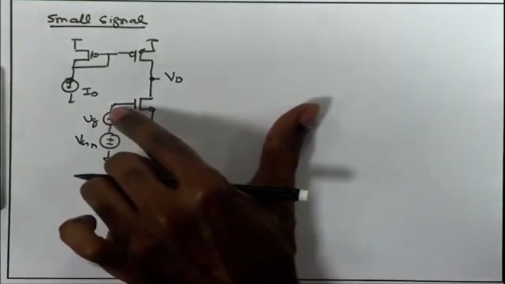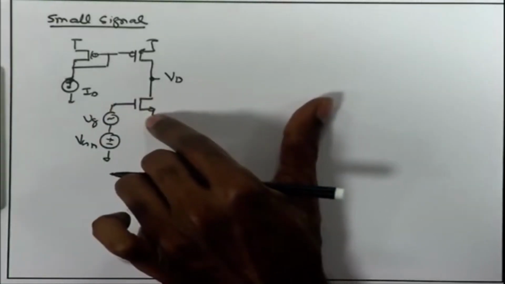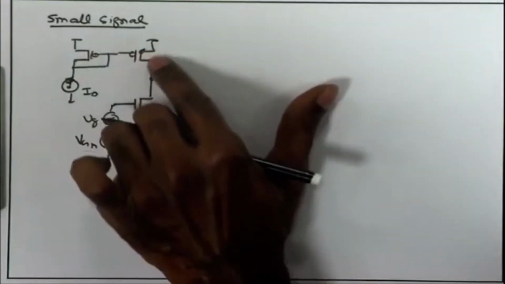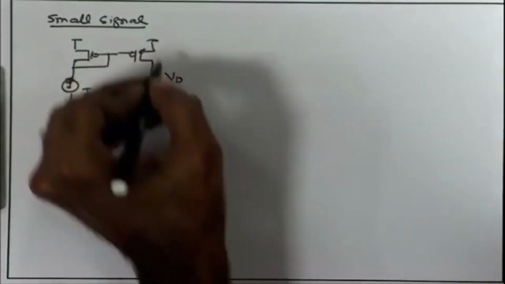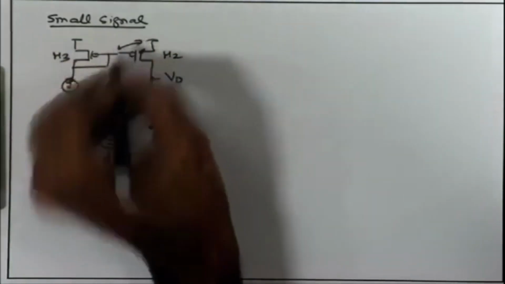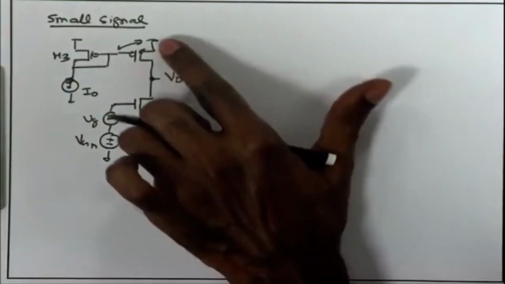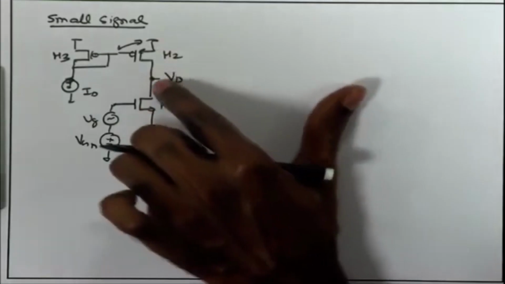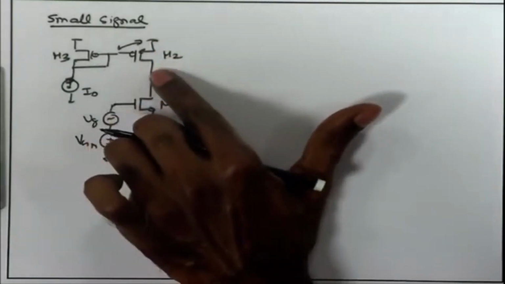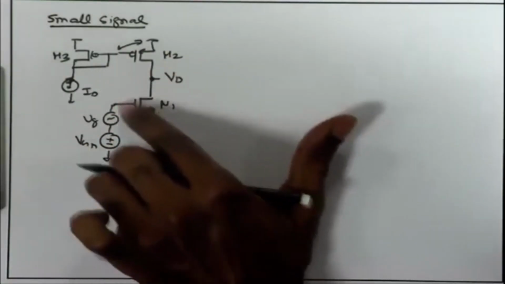If you are trying to increase this gate voltage and therefore VGS is increasing, M2 will try to maintain the same current, because for this VSG is fixed, and therefore the only way M2 can increase the current is by reducing the VD, so that the VSD of M2 goes large.